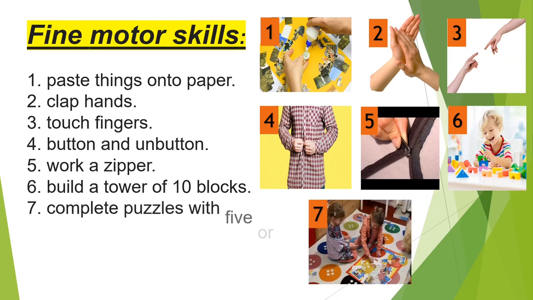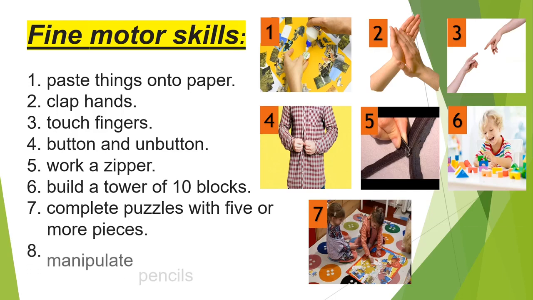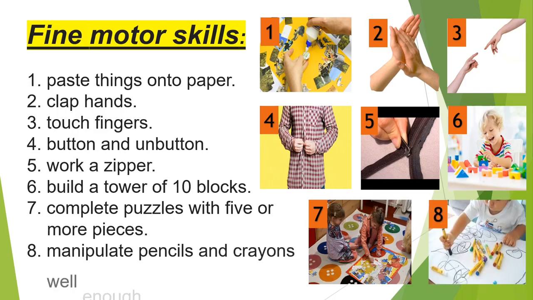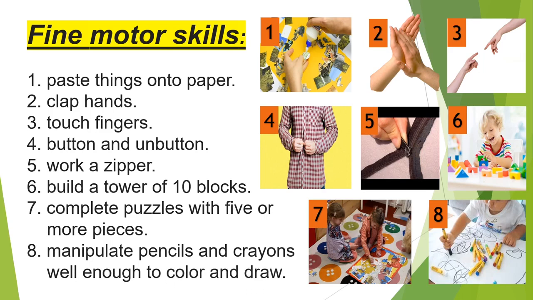Complete puzzles with 5 or more pieces. Manipulate pencils and crayons well enough to color and draw. These are examples of fine motor skills. Again, fine motor skills mean smaller actions of the body.